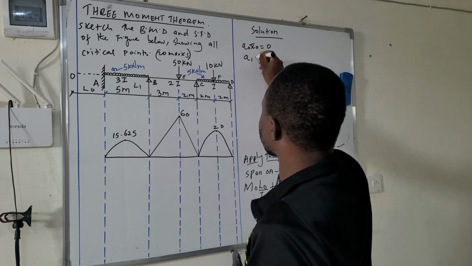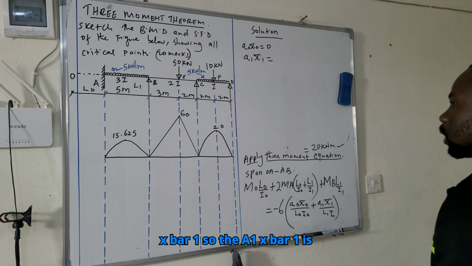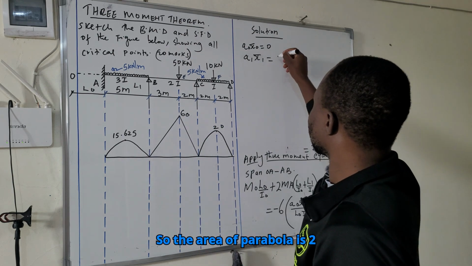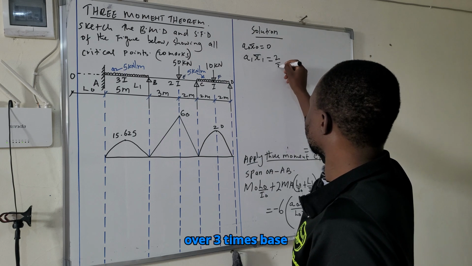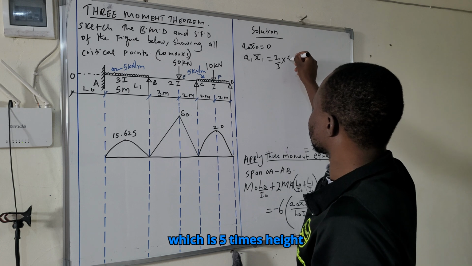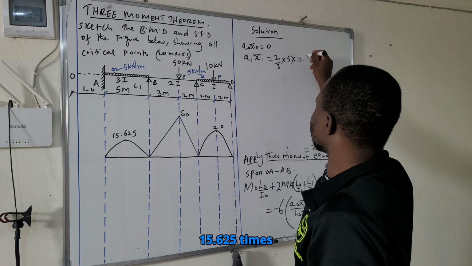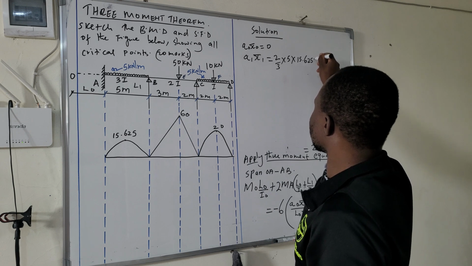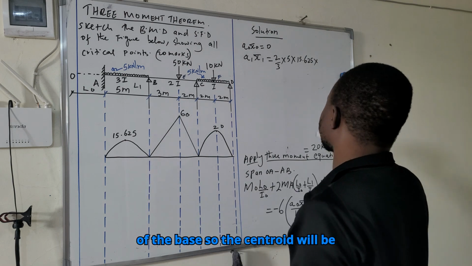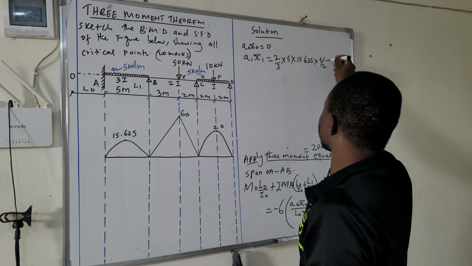A1 x bar 1 is the area of this parabola. So the area of a parabola is 2 over 3 times base, which is 5, times height, 15.625, times the centroid. The centroid is half of the base. So the centroid will be 5 over 2.